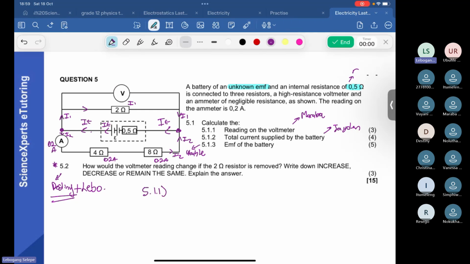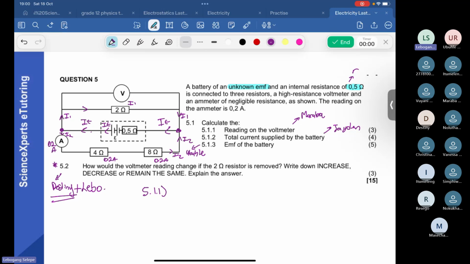5.1.1. Calculate the reading on the voltmeter. Can you see, guys? They want us to calculate the reading on the voltmeter. So the easier way to do it, we can say that R equals V over I. Combine these two resistors to make one resistor, right?